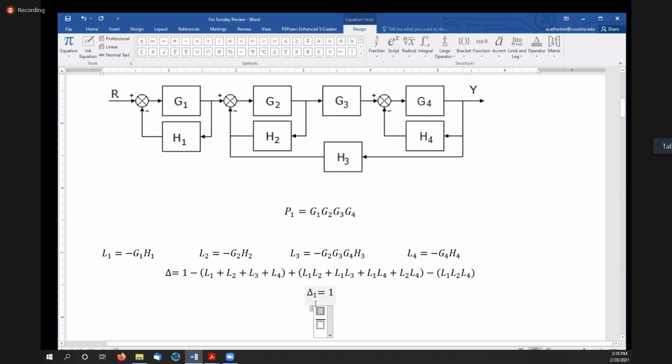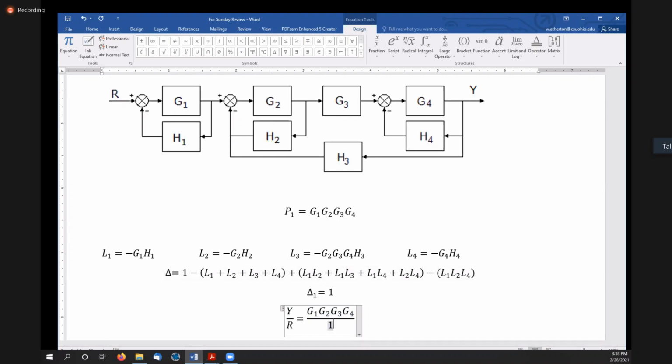Transfer function, y over r, my input was called r, is equal to the path, which is here, times delta 1, which is 1, divided by delta, which is all this stuff.